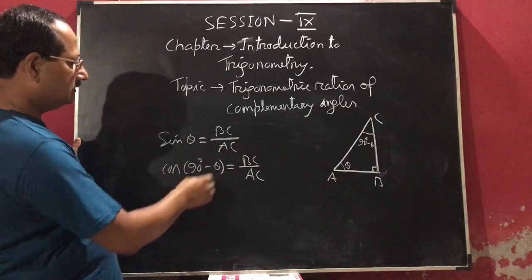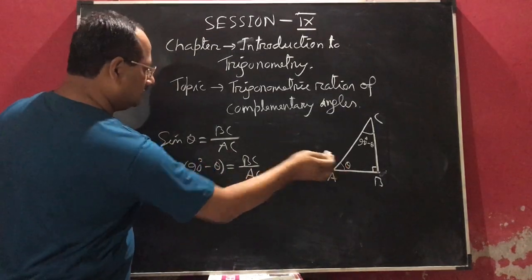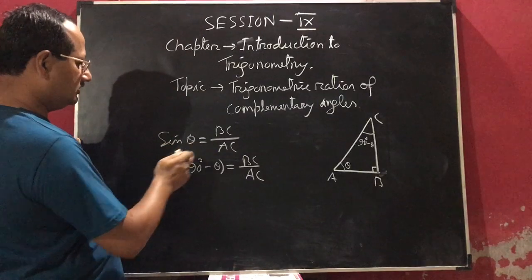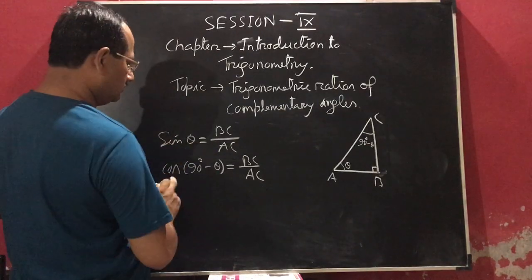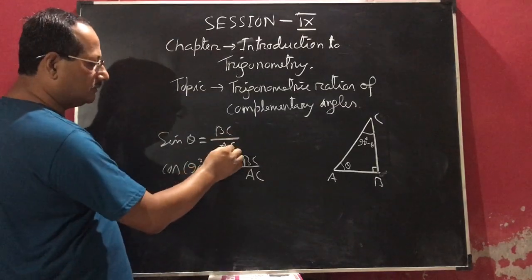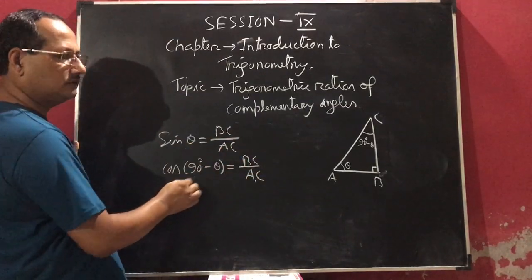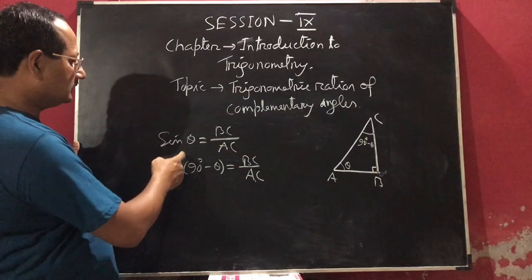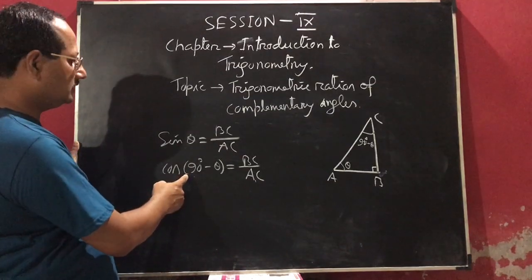So for this angle theta, the ratio of sine is the same as the ratio of cos for the angle 90 minus theta. That means we get the result sin theta equal to cos of 90 minus theta.